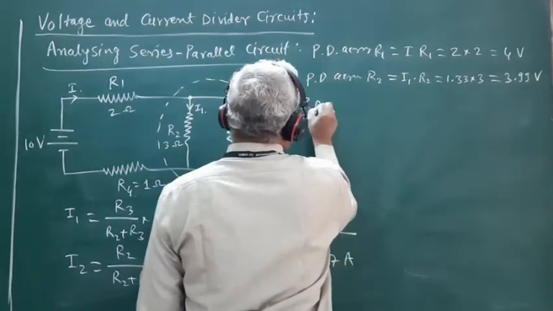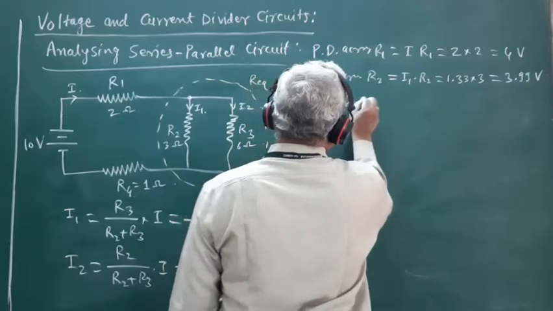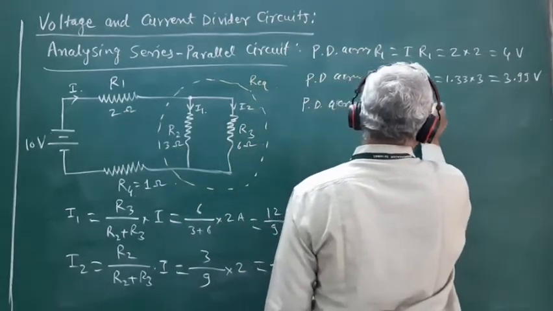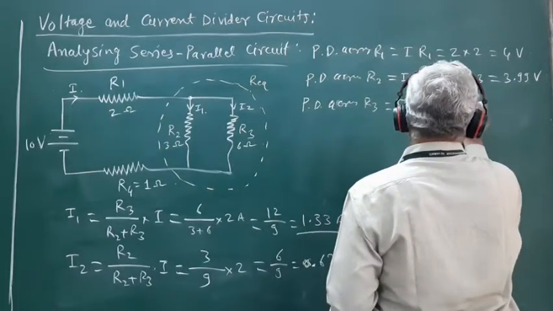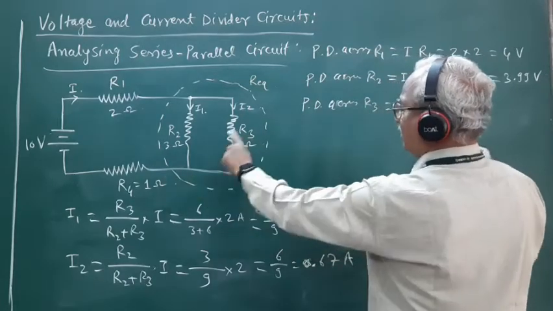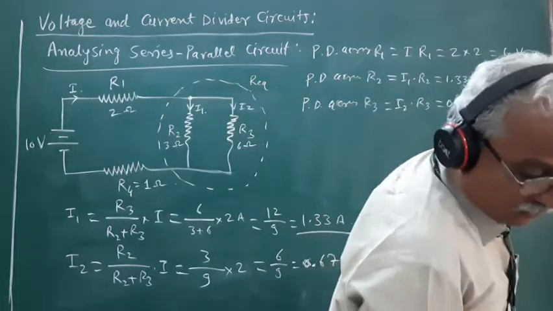Then PD across R3 will be equal to I2 into R3. So I2 is 0.67 into R3 which is 6 ohm. So this is equal to 4.02.